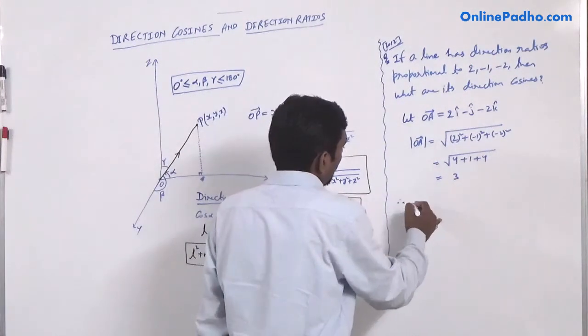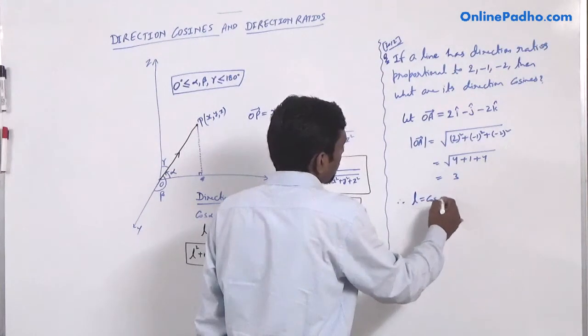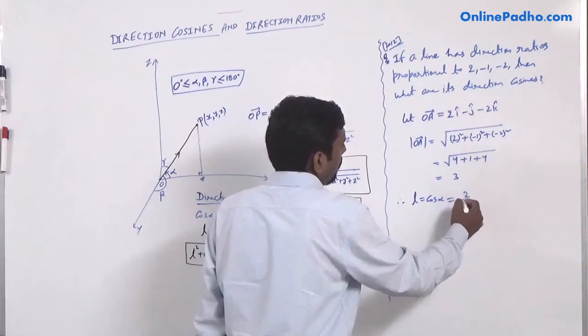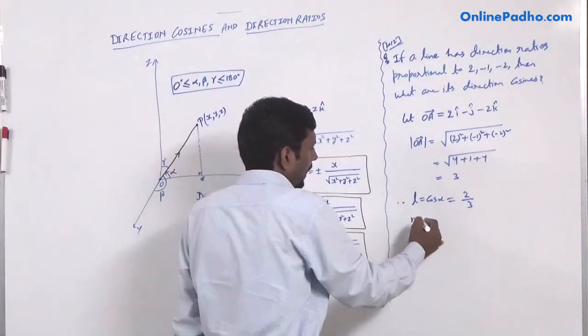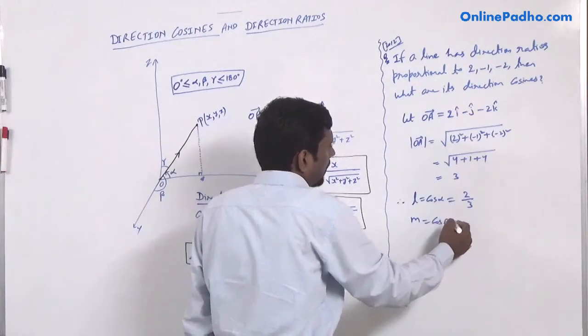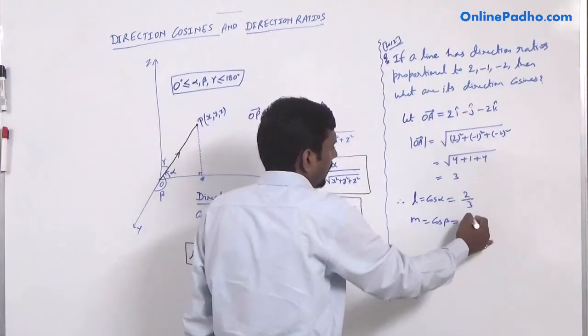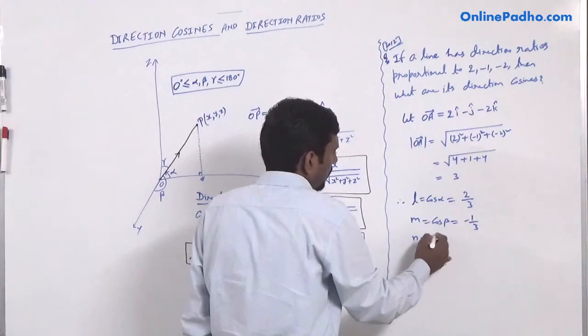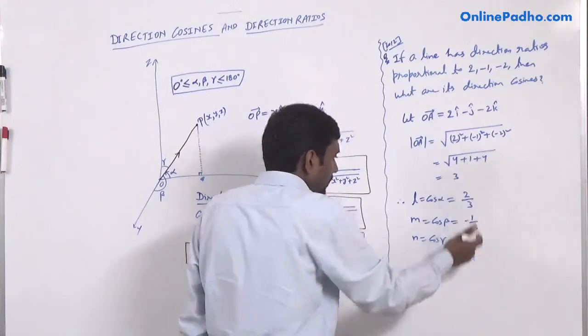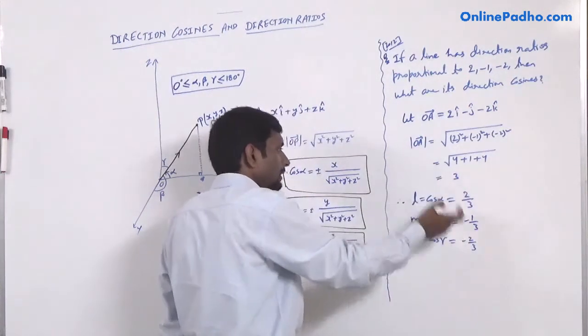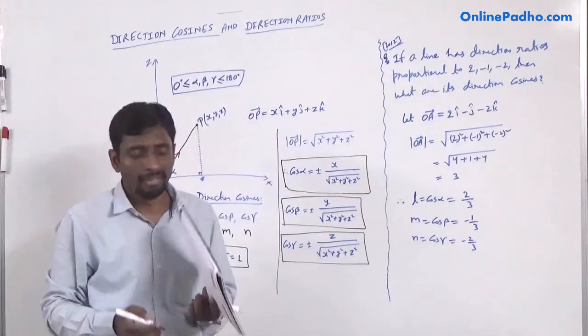So therefore l, cos alpha, can be written as 2 divided by 3, x divided by its magnitude, m can be written as cos beta, that is minus 1 divided by 3, and n is equal to cos gamma, that is minus 2 divided by 3.